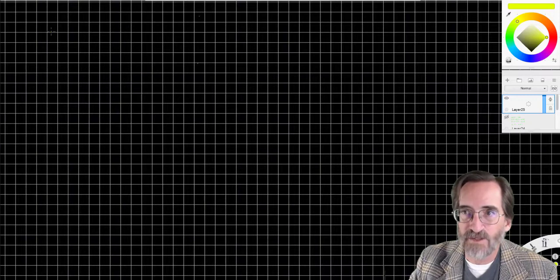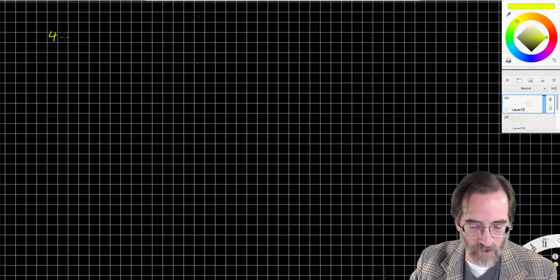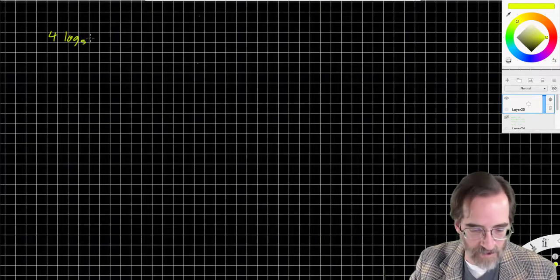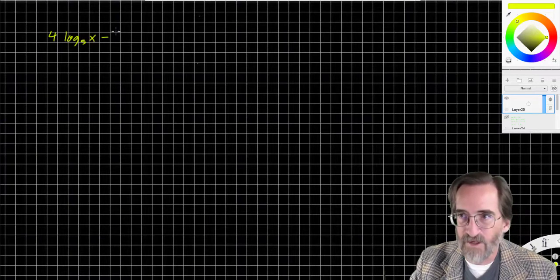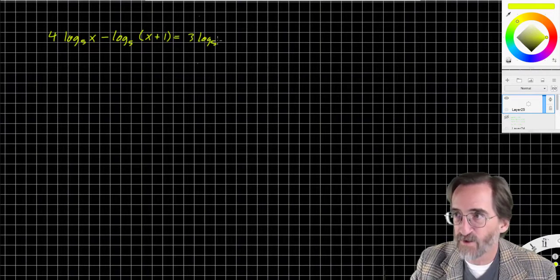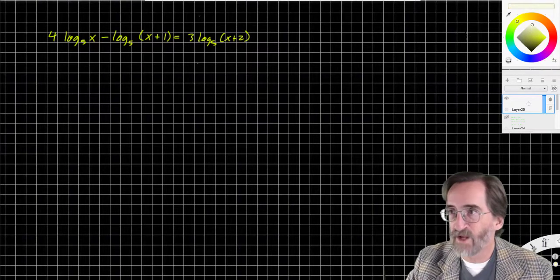I'm going to simplify or condense 4 log base 5 of x, minus log base 5 of x plus 1, minus 3 log base 5 of x plus 2. I'll put the base there just for the sake of simplifying, because the base really doesn't matter in this particular case, just that the bases do need to agree. The first rule I'm going to apply is the exponent rule.